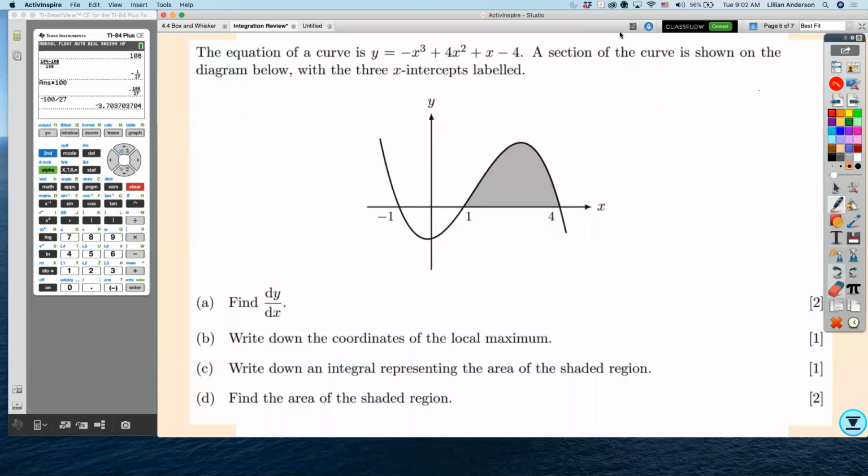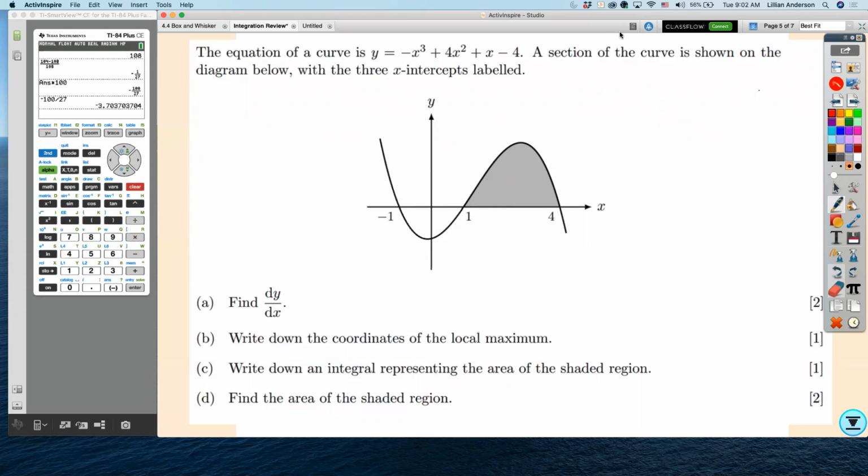So let's take a look at this one. It says the equation of the curve is y equals negative x to the third plus 4x squared plus x minus 4. A section of the curve is shown in the diagram below with the 3 x-intercepts labeled. Find dy over dx. Take a moment.